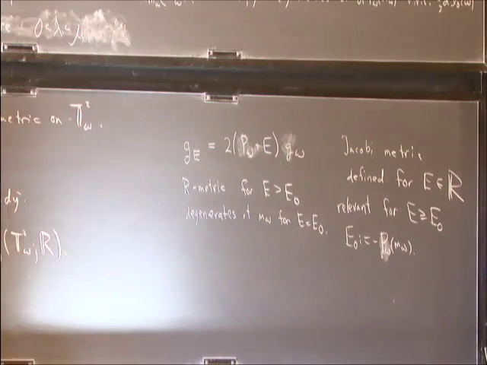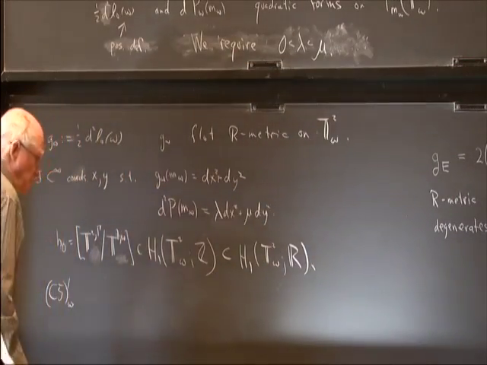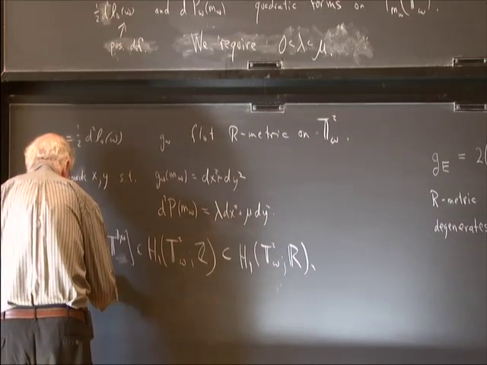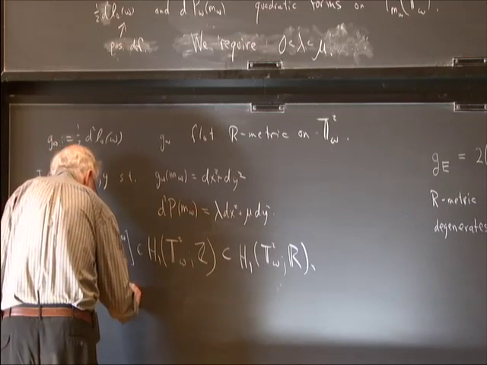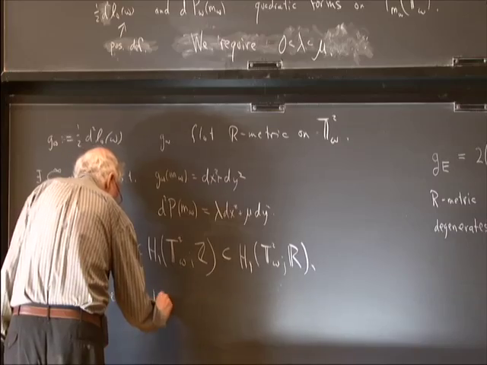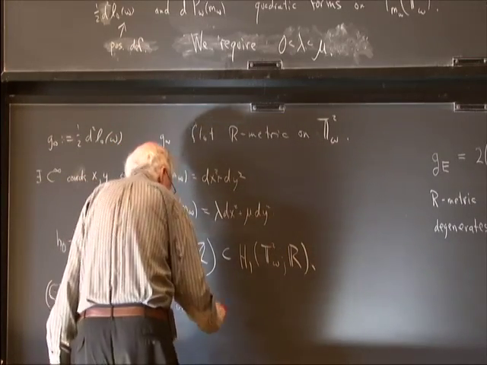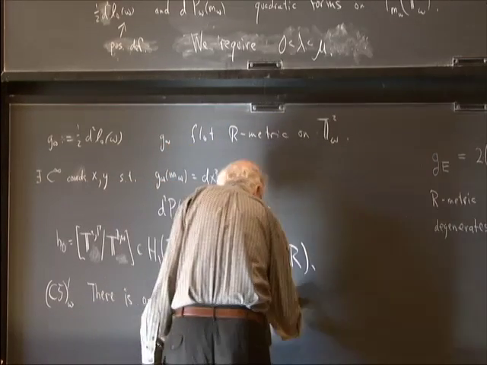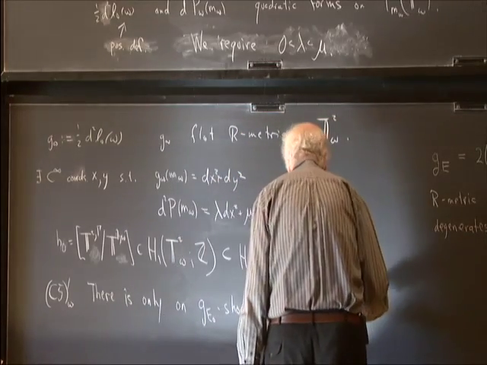Okay, so I think I got as far as this condition C5 omega last time, but I'll repeat it, which is that there's only one shortest curve, only one GE0 shortest curve in H0.